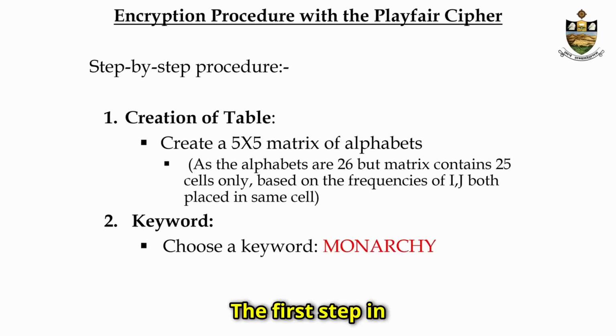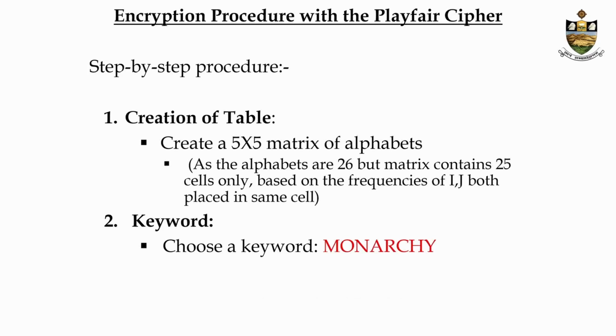The first step in utilization of Playfair cipher is that we have to create a table. We have to create a 5 by 5 matrix of alphabets. As we know very well, alphabets are 26 in number from A to Z, but a 5 by 5 matrix contains only 25 cells.